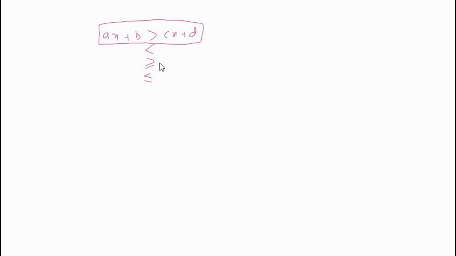And what is a linear inequation? Linear inequation means the variable in the inequation has got degree 1. If it is ax square, it is not a linear inequation.